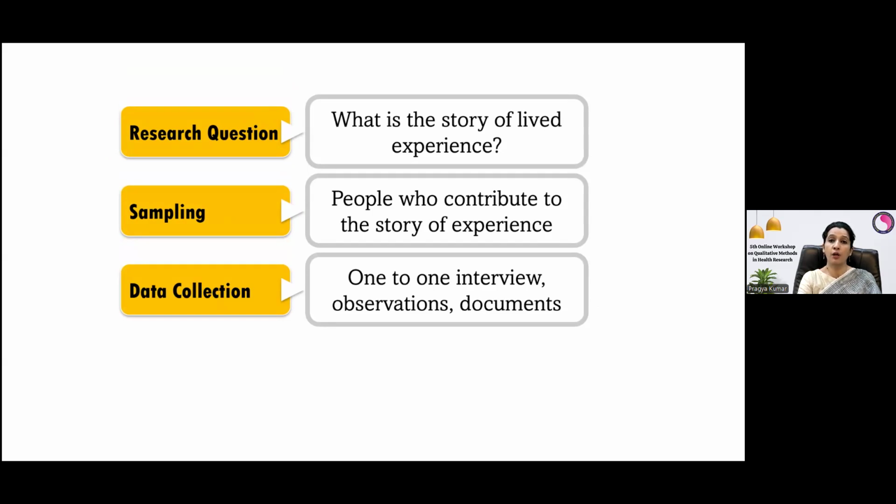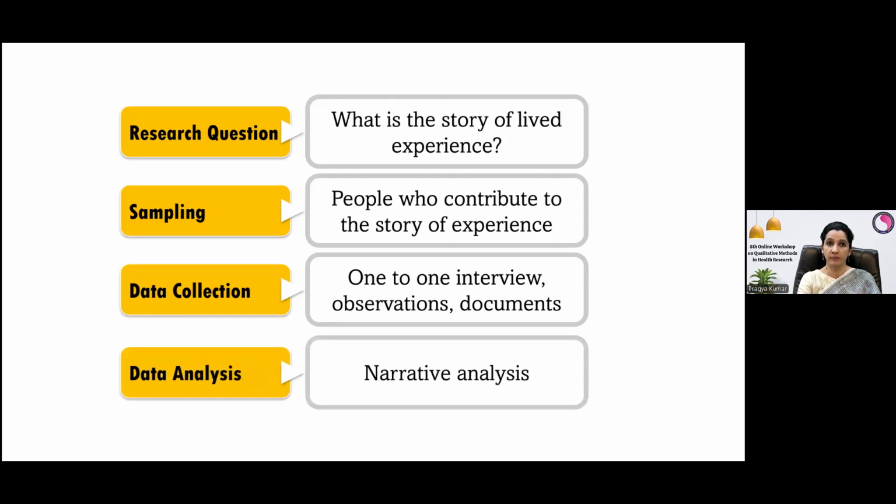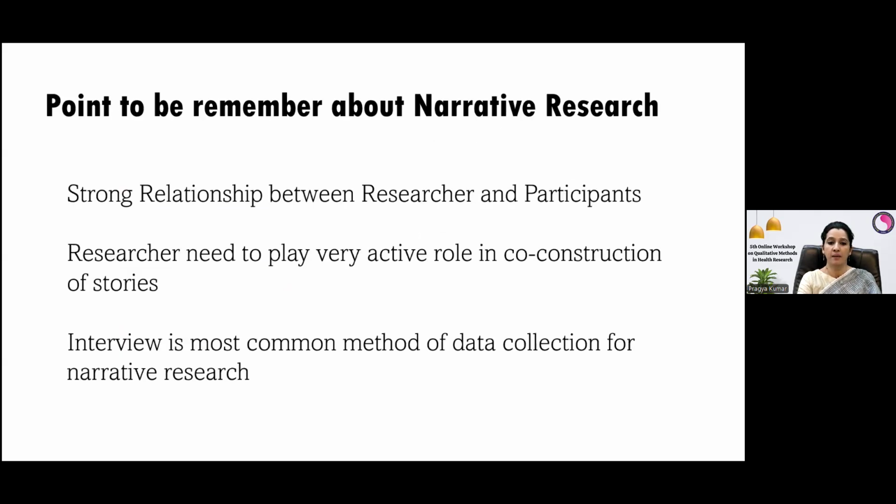In phenomenology also you ask about the subjective experience of people, but there the focus is one phenomenon, the central theme. Here in narrative, it is the story. The person and the researcher both co-create a story, and they use narrative analysis as the data analysis method.